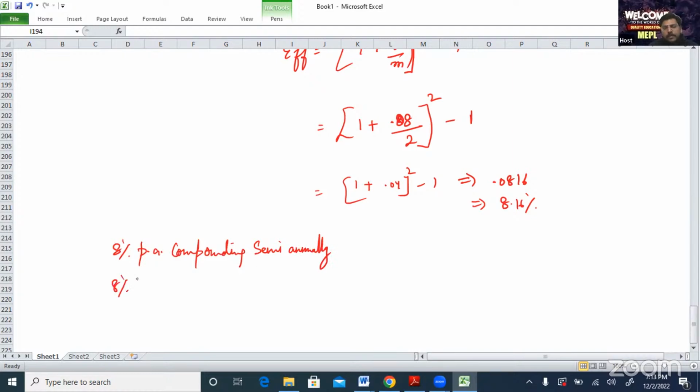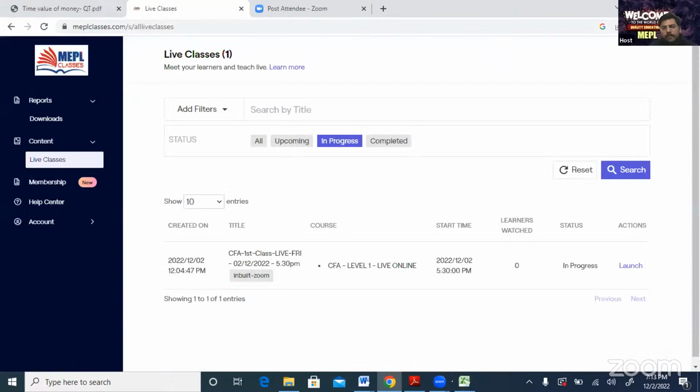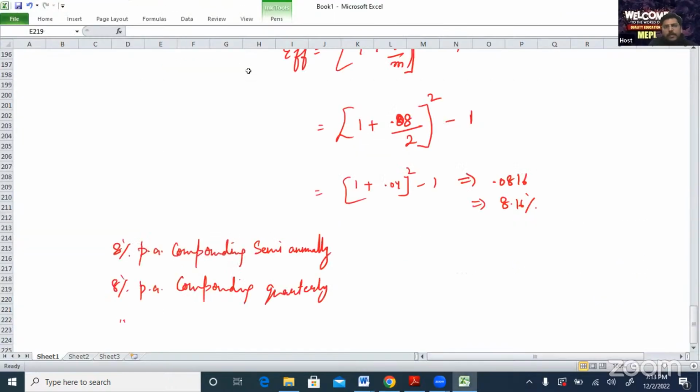Then 8% per annum compounding quarterly, and again 8% per annum compounding monthly.